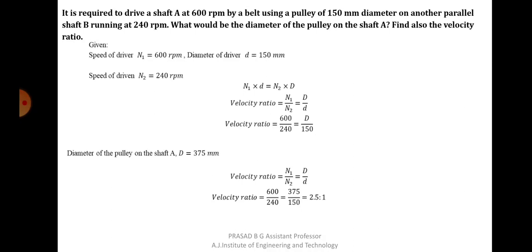So you can directly take either N1 by N2, that data is already given, or you can take it as D2 by D1 also. Anything is fine. So N1 by N2, if you do 600 by 240, that will be in the ratio 2.5:1. Okay, that is just additional data they have asked, which you can directly find out, N1 by N2.